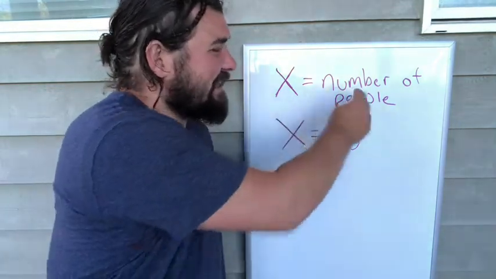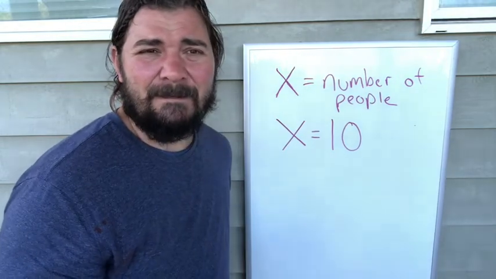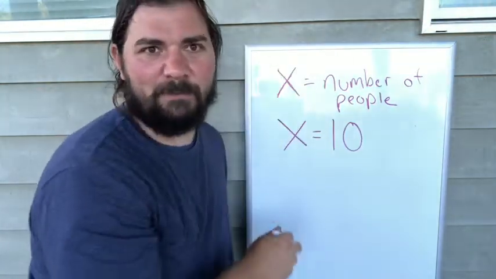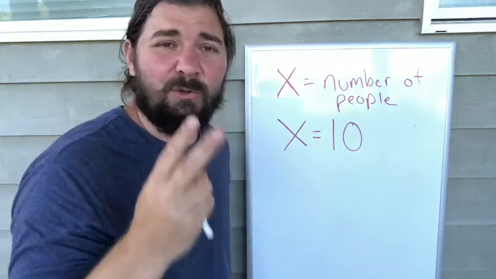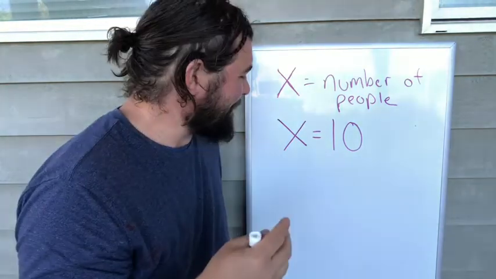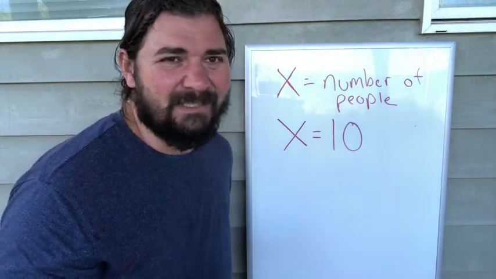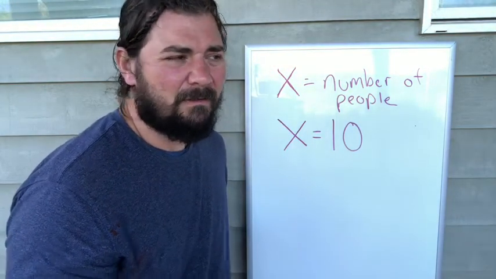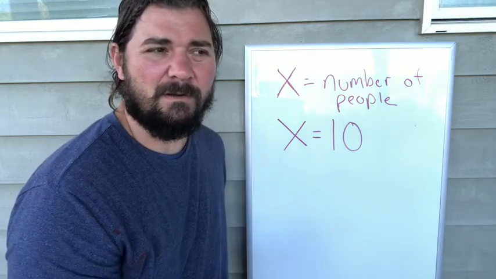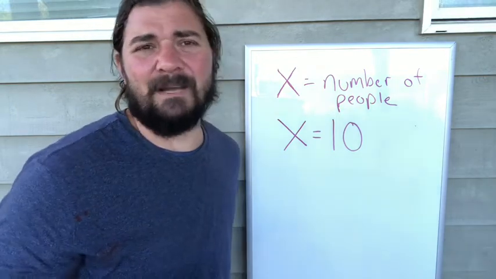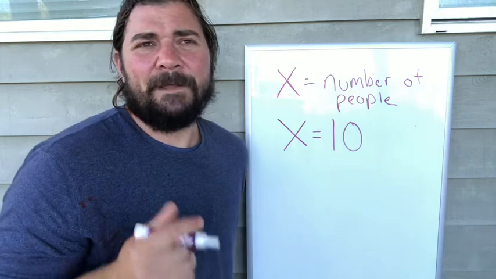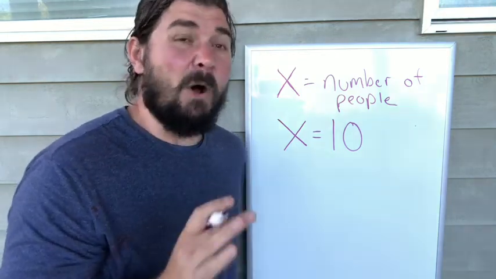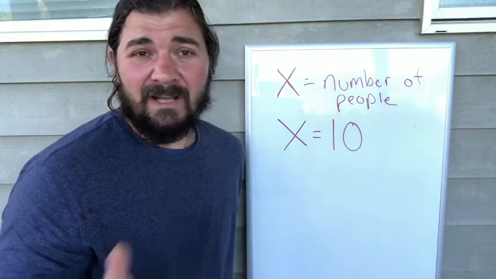So if X is the number of people, and there's only two of us in the store, then X doesn't equal 10 there. X equaled 2. So my equation doesn't work. How can I make something to quantify this idea that the most amount of people that can go into the store is 10?